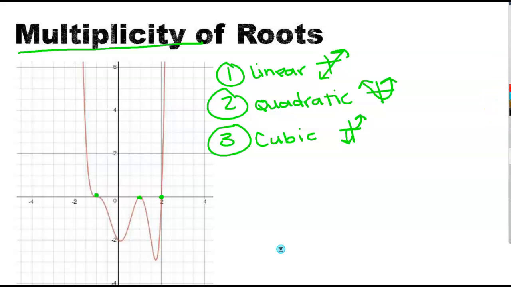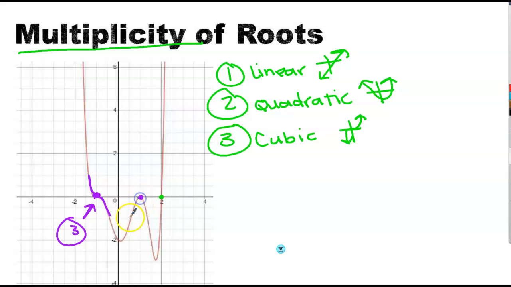By looking at this graph here, draw this in your notebook and draw it really carefully and nicely. This one right here, look where it crosses the graph at -1. That's going to be a multiplicity of 3, just because that shape where it hits the root is a cubic shape.